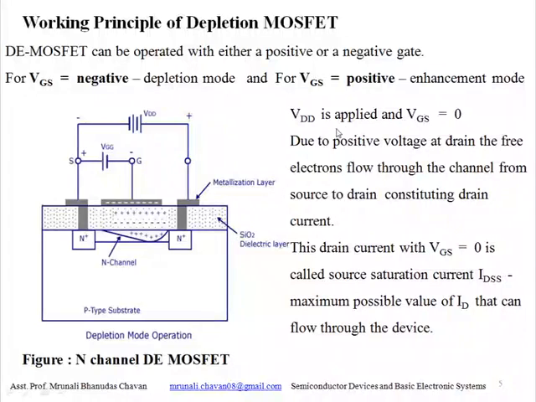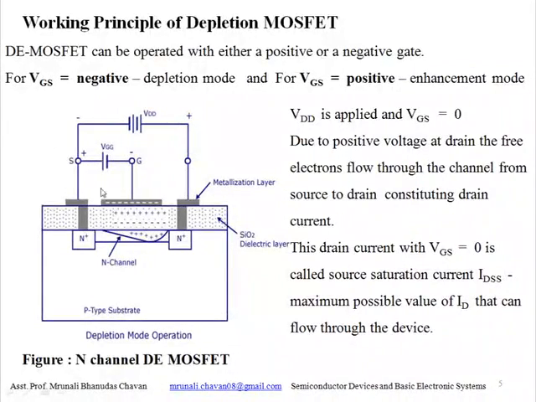Now we will see here VDD is connected across drain and source terminals. We can see the negative terminal is connected to the source and the positive terminal is connected to the drain, and let VGS equal 0. Then due to the positive voltage at drain, the free electrons flow through the channel from source to drain, constituting a drain current.